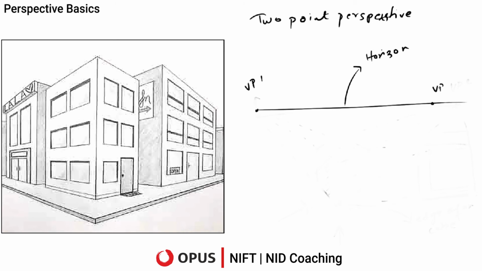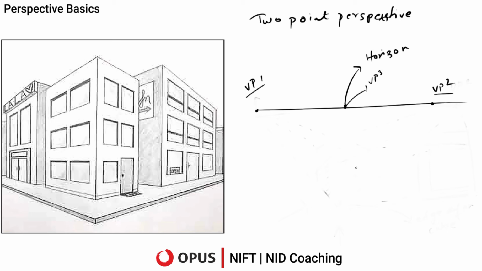So this is vanishing point 2. Now consider there is another vanishing point. These two I will be using to draw an object in two-point perspective, and this vanishing point I will be using for one-point perspective. Thus we can understand the difference between the two drawings.